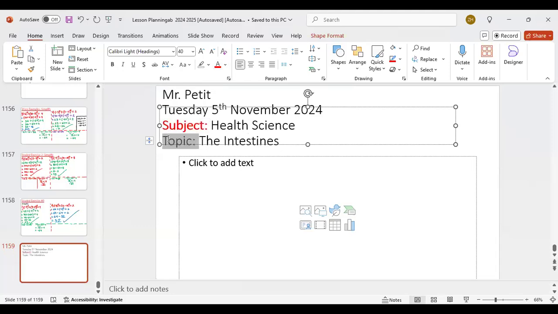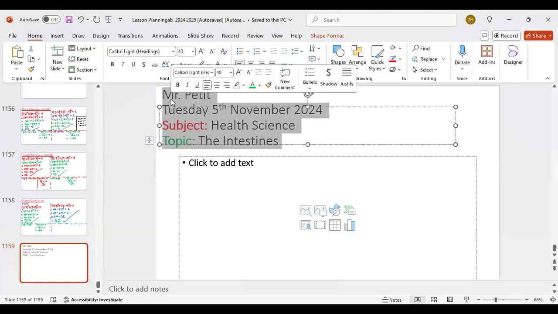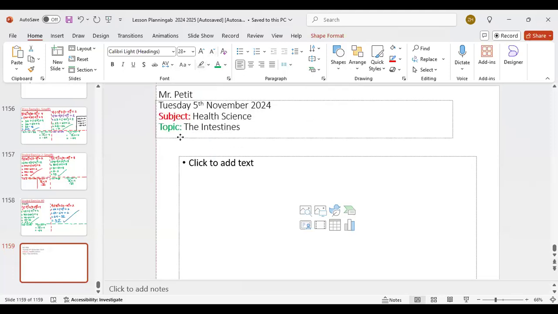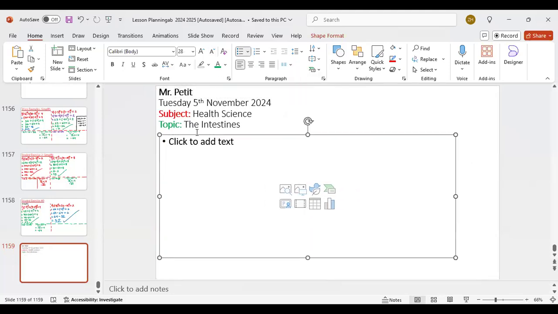The topic for today is the intestines. We have two intestines, the small intestine and the large intestine. The small intestine is heavily involved in the digestion of food. The large intestine does not do any type of digestion at all. By the way, digestion ends in the small intestine.